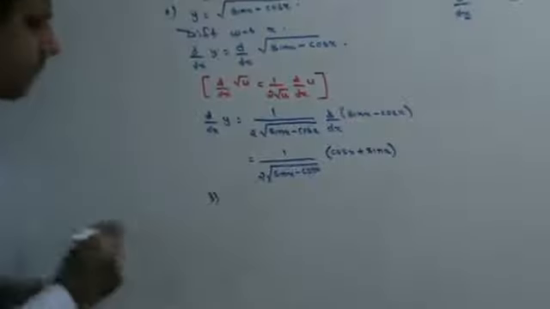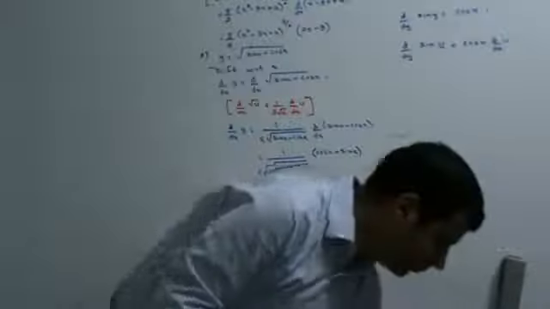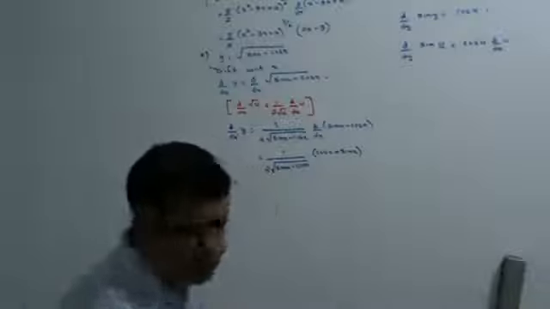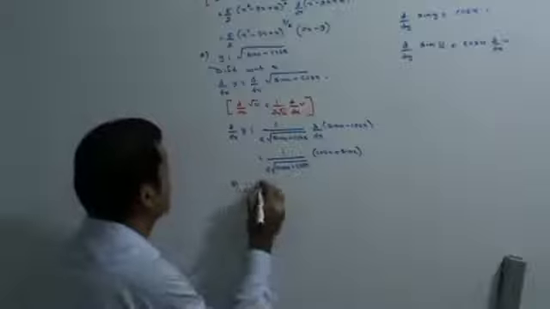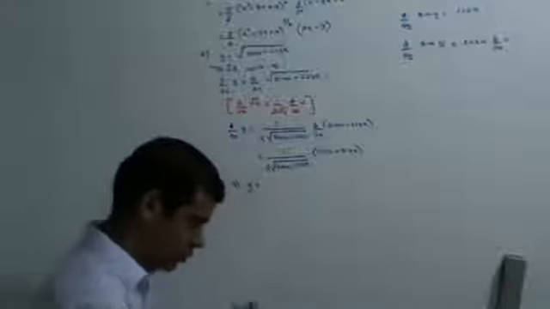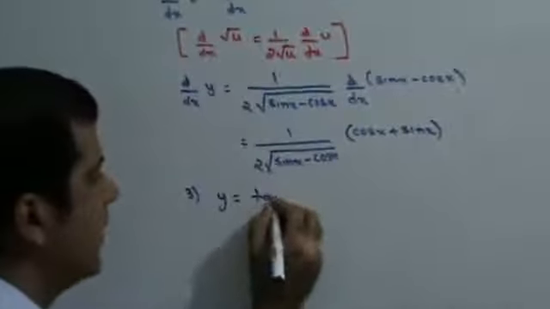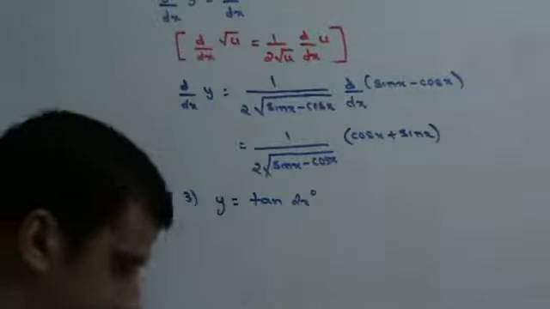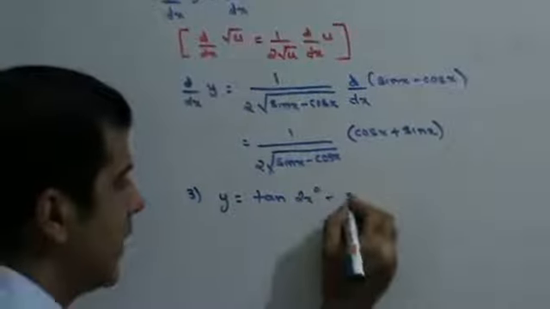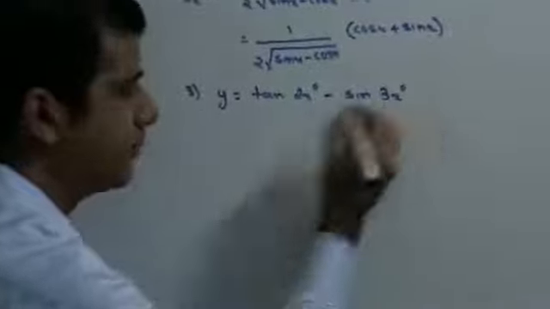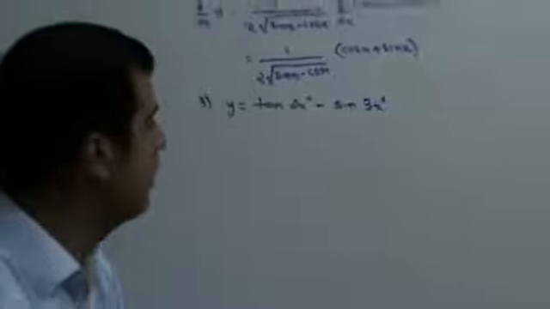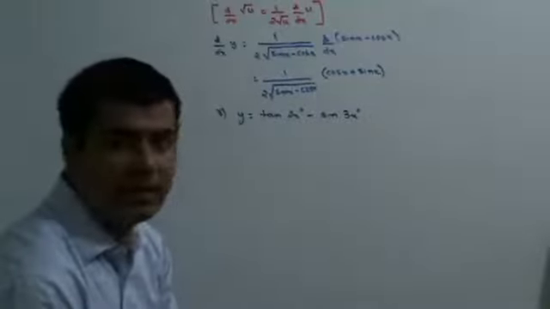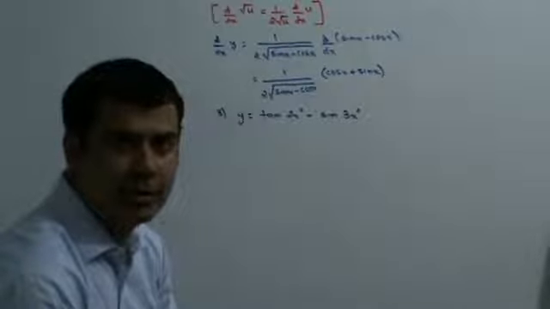Next, let's see another sum, guys. Y is equal to tan 2x degrees minus sin 3x degrees. Now if you remember your limits, I had informed you that whenever you have the angle in degrees, you have to convert it into radians.